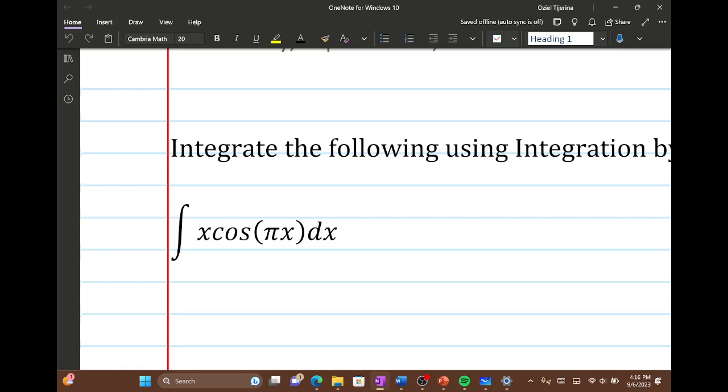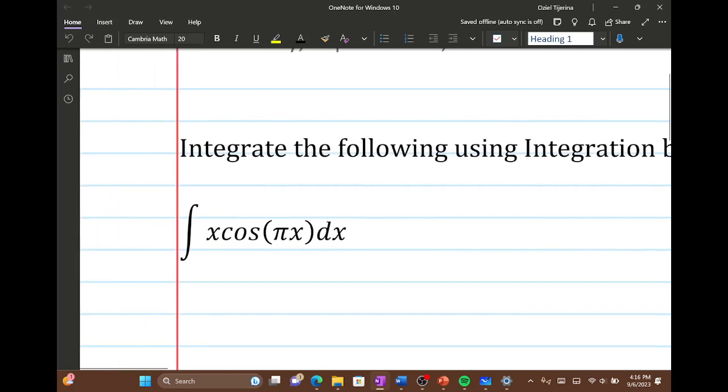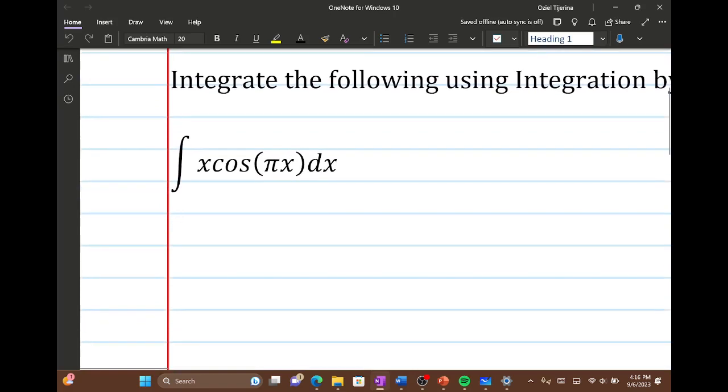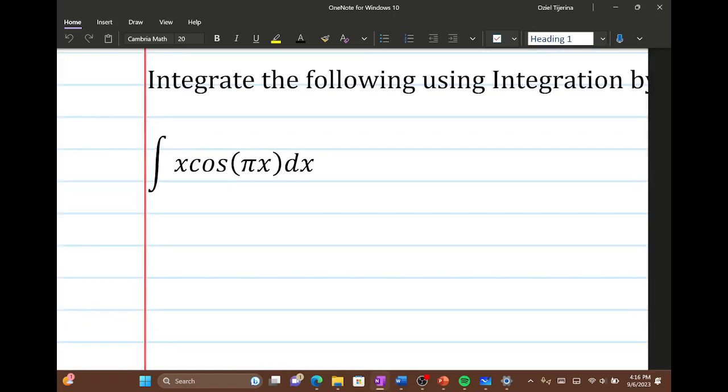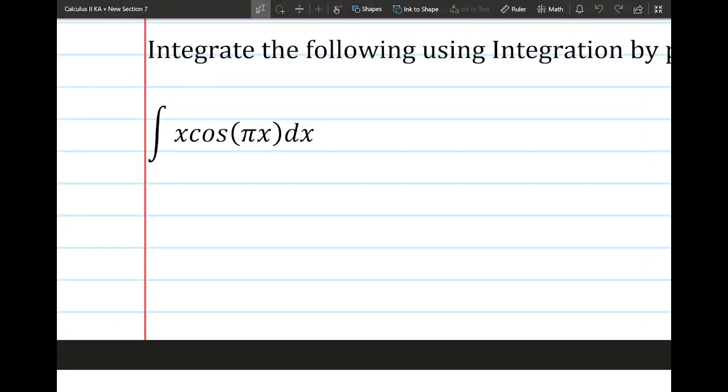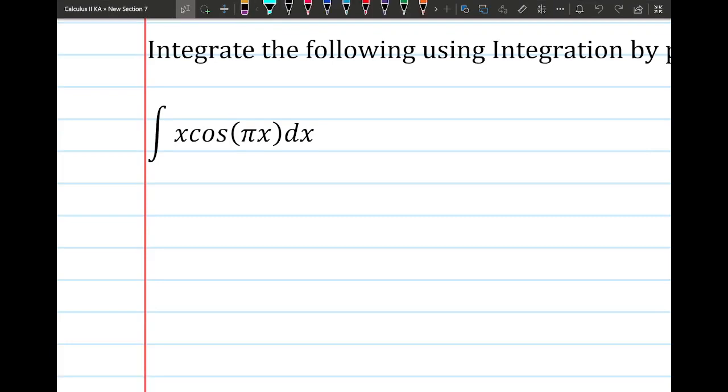It says integrate the following using integration by parts. Now, with all of these, there's always a specific formula that we use before anything. So the integration by parts formula is the following.